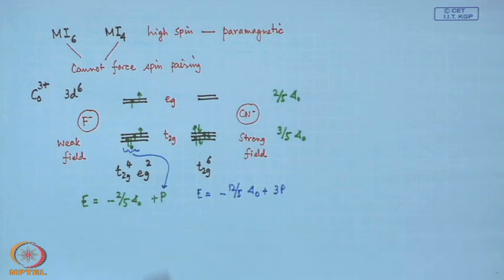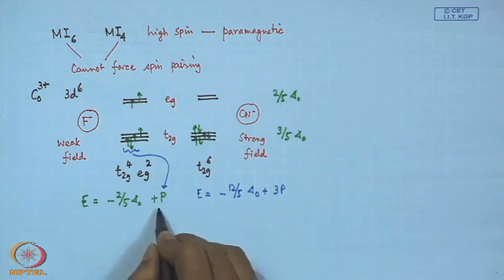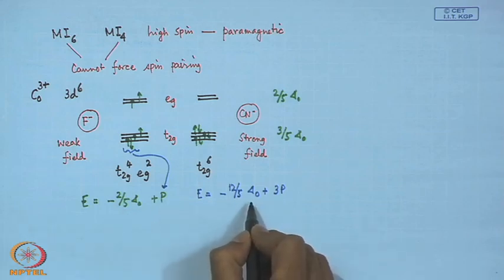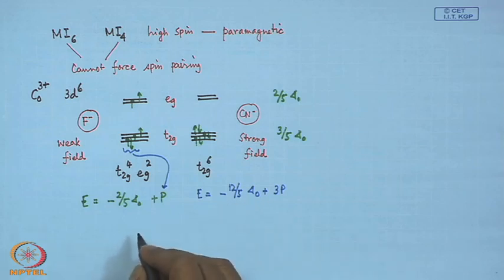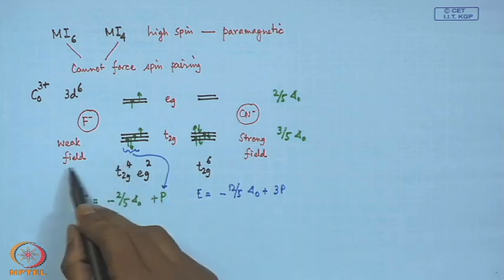So this is the situation of a weak crystal field, a balance between the pairing energy and the splitting.